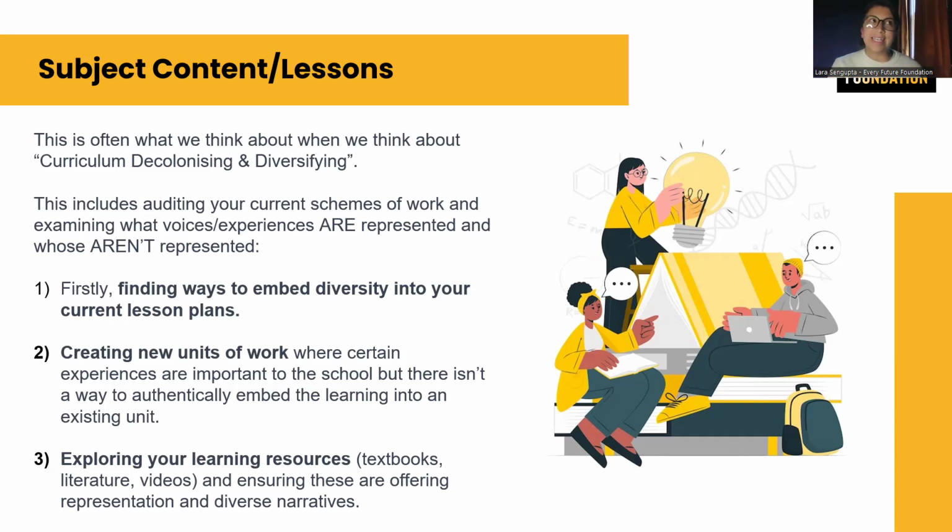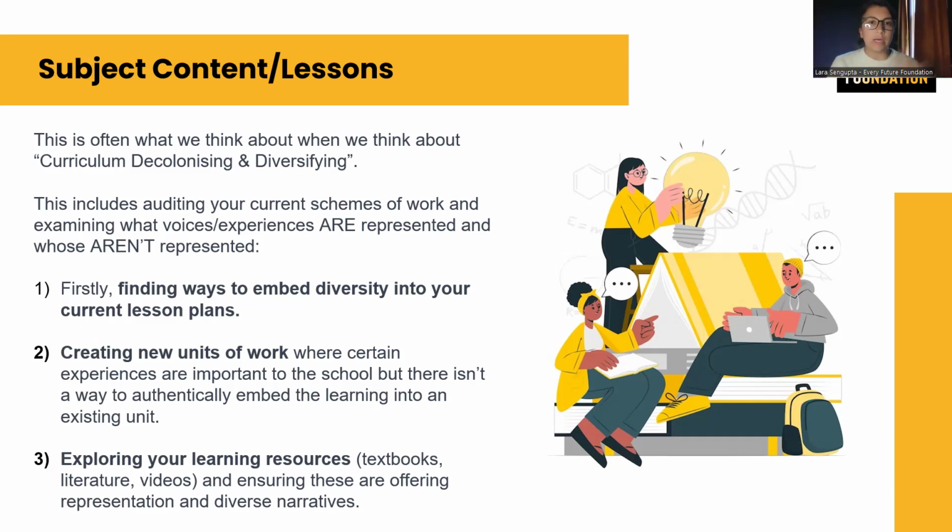So I think it can be tricky to navigate tokenistic and non-tokenistic, but I say firstly plan, take an intersectional approach. Don't just say, right, we need more racial diversity, so let's just put loads of different black faces in a certain subject.